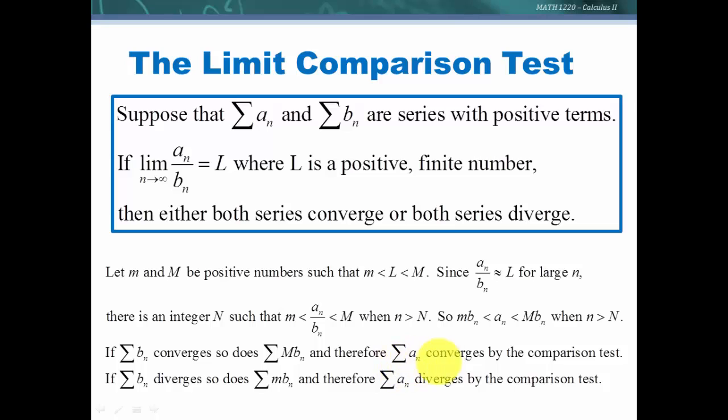And so therefore a sub n would converge by the comparison test, because the terms of a sub n are always less than the terms in a convergent series.